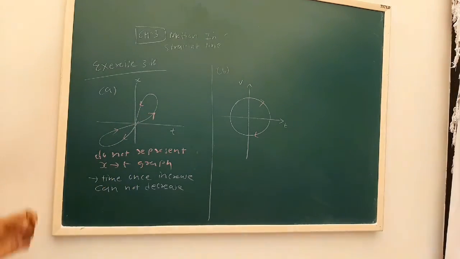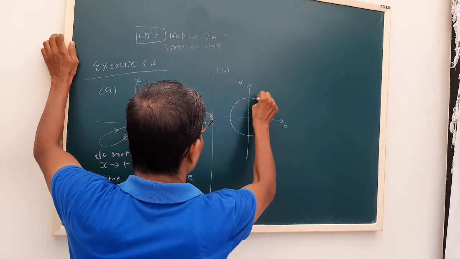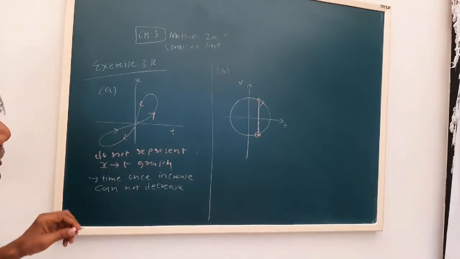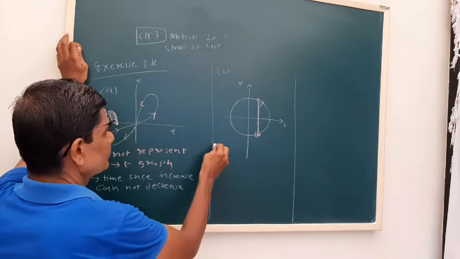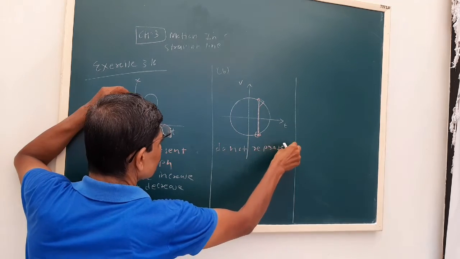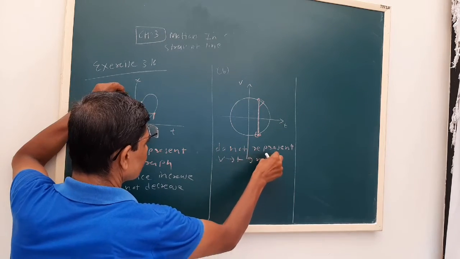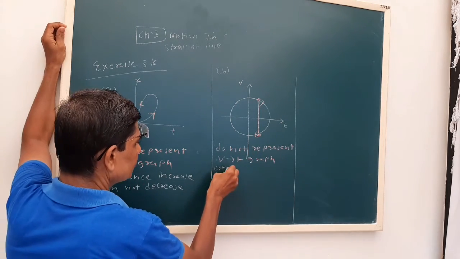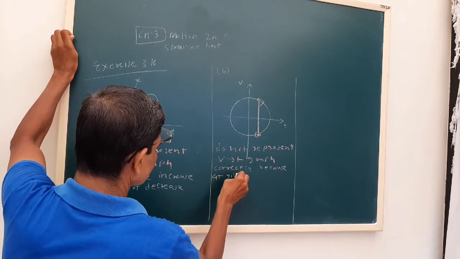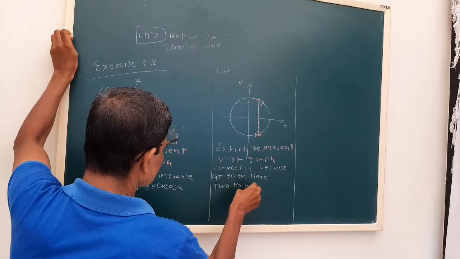Also, at a given time there are two values of the velocity. Suppose at this time there are two values, so that's why the graph does not represent motion, because at a given time there are two values of velocity.